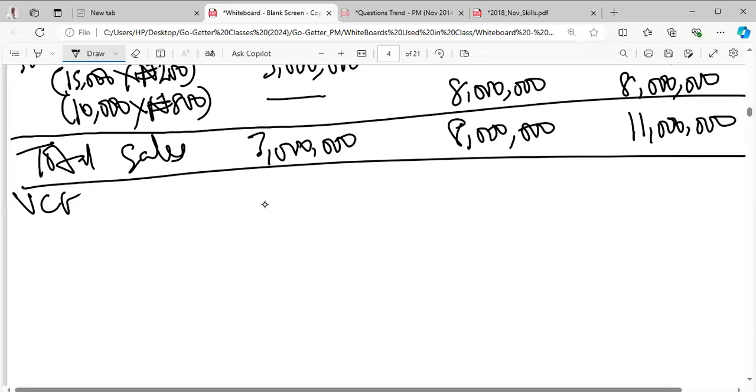Get to the contribution and get to the variable cost. Variable cost, there is no transfer. This person is producing 15,000 for the external market only, and it's at 105 naira.